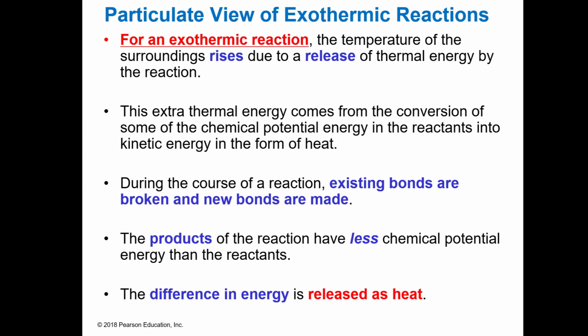The extra thermal energy comes from that potential energy, and so when we're breaking those bonds, the potential energy that was being held in the reactants is now becoming part of the product, and so you're producing heat. All right, so another way of looking at it is that the products are going to have less potential energy than the reactants, and the difference between those two is released as heat.